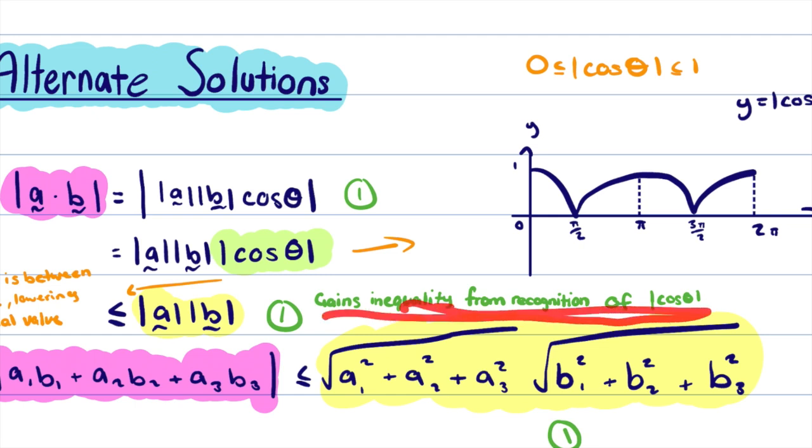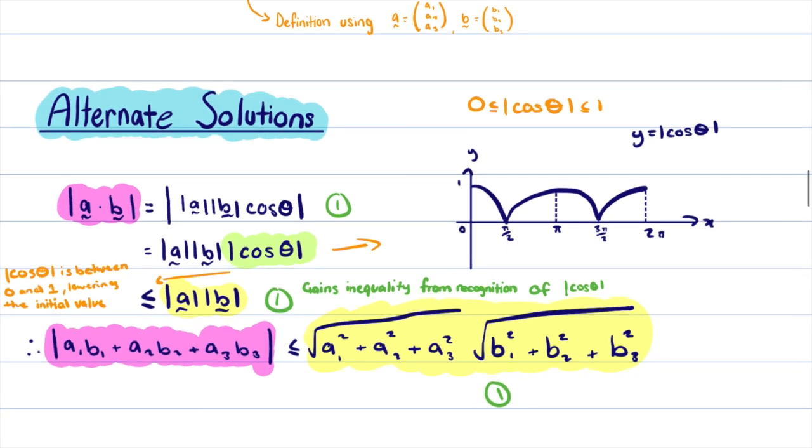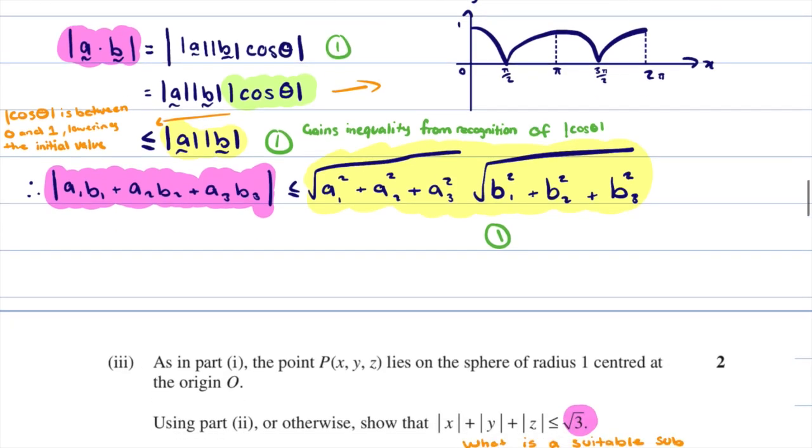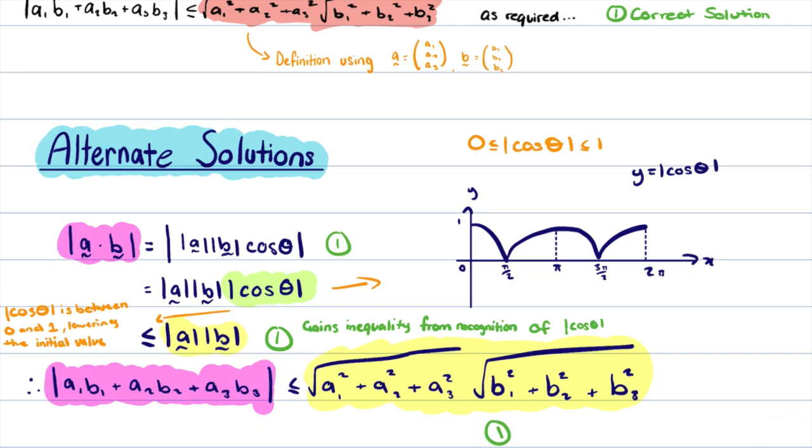This is where we gain our second mark for the inequality from recognition that this is between 0 and 1. Therefore, we can just rewrite what we had here as what is required and over here to what we need for our question to be answered. This is where we gain our final mark. I recommend using the ultimate solution here.